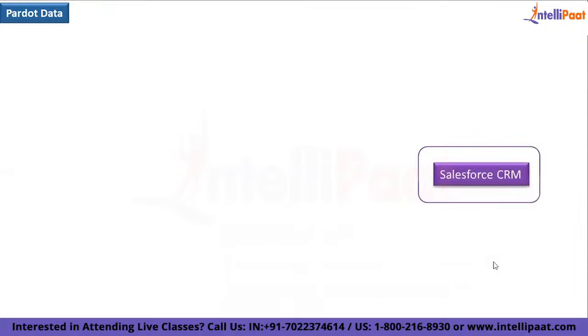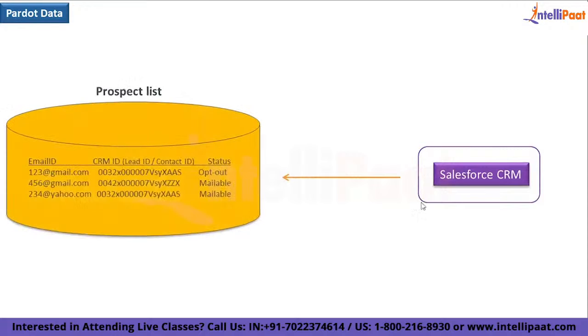Now let us see a graphical representation of the same thing. So we got the Salesforce CRM prospects on Pardot here, and we got a new lead created where you can see the email address remains the same. You can compare these two, where the lead ID or the CRM ID is different, correct?